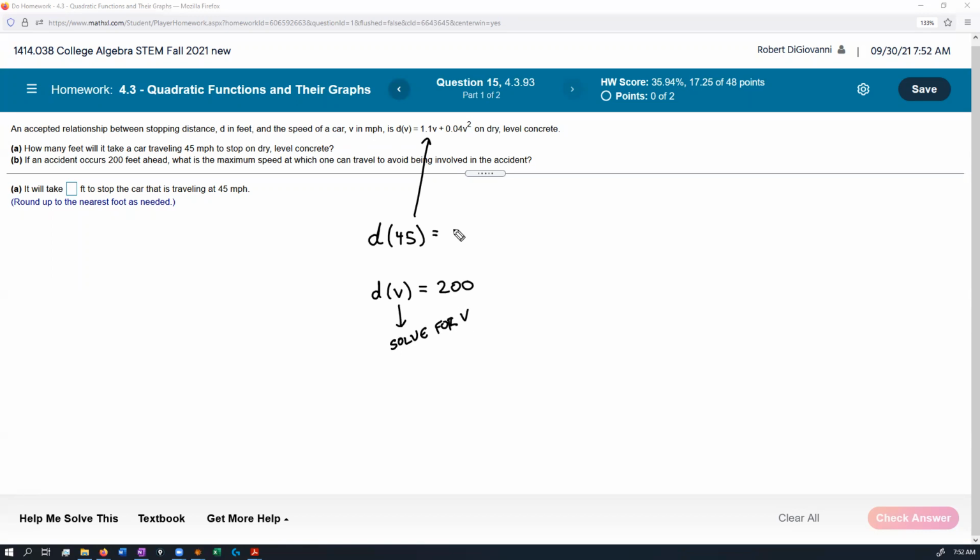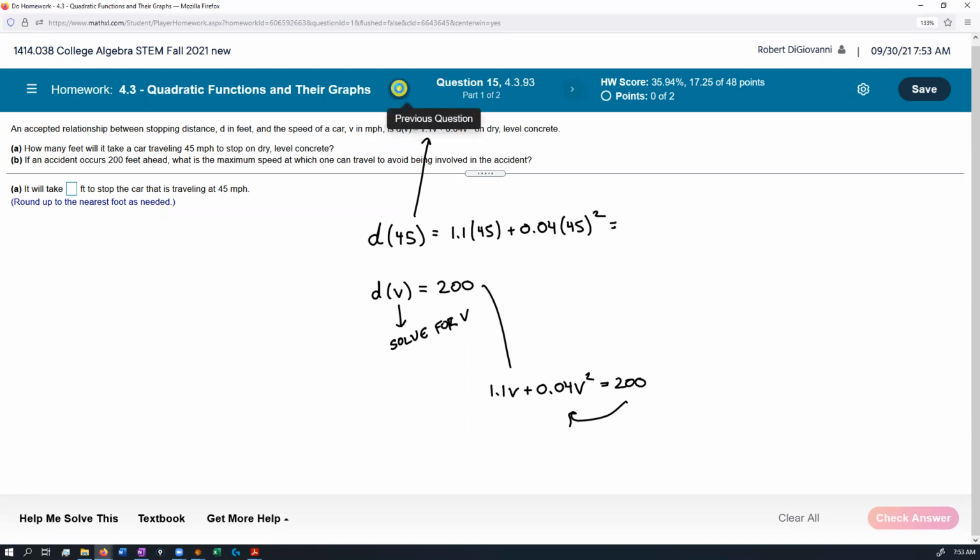So for the first one, I plug in 1.1 times 45 plus 0.04 times 45 squared, and I would get some answer. For the second, I take the original function and set it equal to 200. That means you should move everything over to one side and then use your quadratic formula to solve.